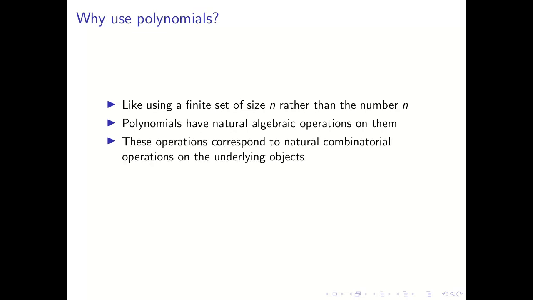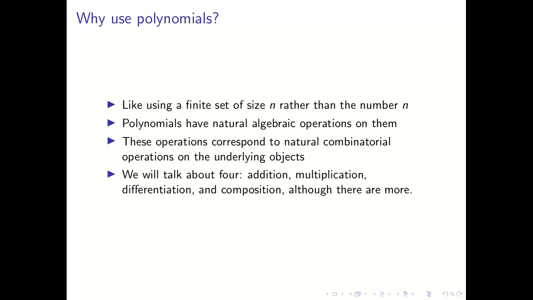And this isn't going to be meaningless symbol shuffling. These operations that we're going to do to generating functions are going to correspond to natural combinatorial operations on the underlying objects that we care about. And in this talk, I'm going to talk about four: addition, multiplication, differentiation, and composition of power series. There are more, but these are the most important ones here.